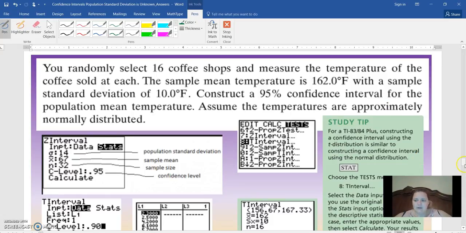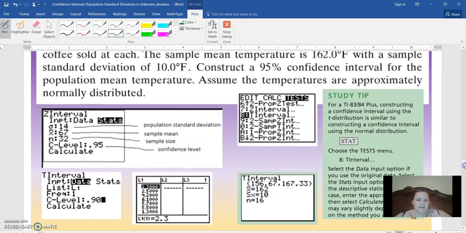All right, so how do we do this in the calculator? The thing that changes now is we're going to do the t interval; before we did the z, and we just type everything as is.